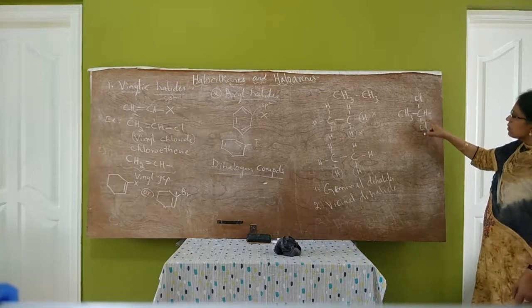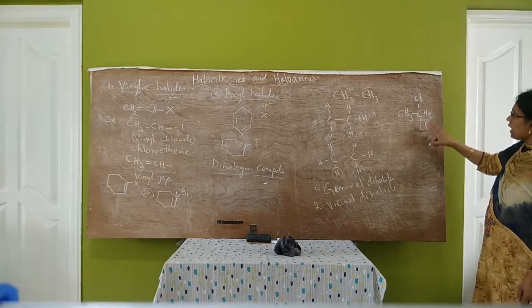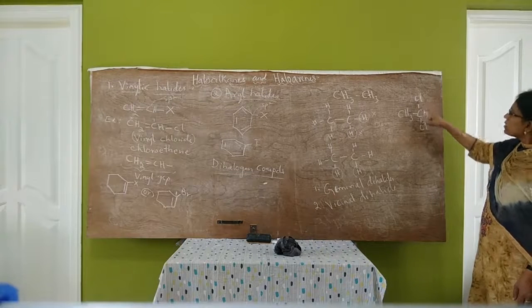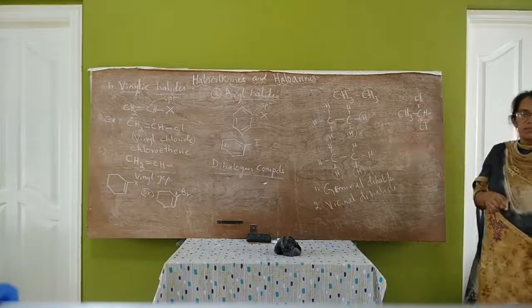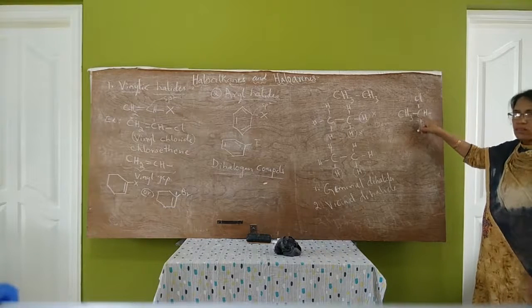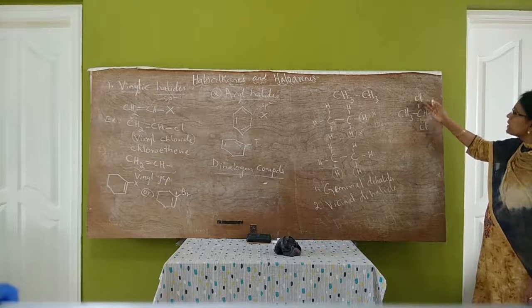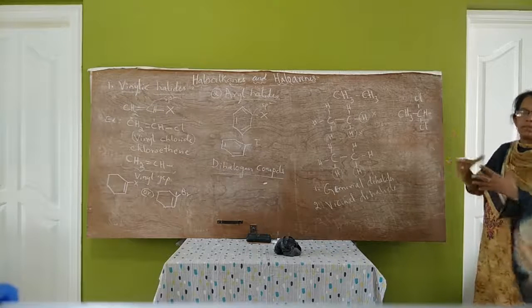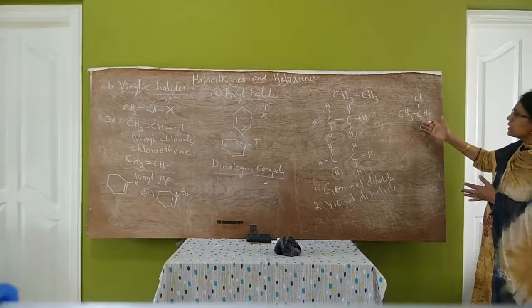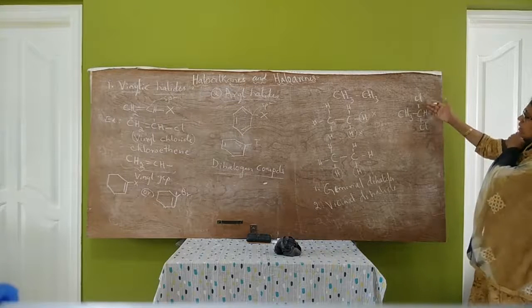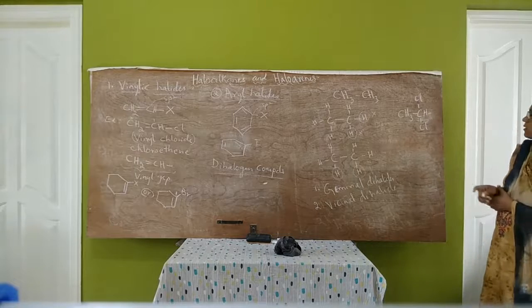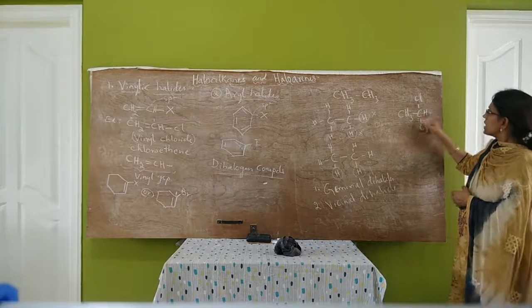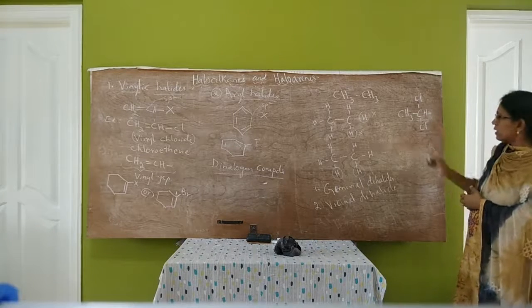In this dihalide, the halogen atoms are present on the same carbon atom. That means we can remember, there is 'gem', they are attached to the same carbon atom, like that you can remember. So it is a geminal dihalide.